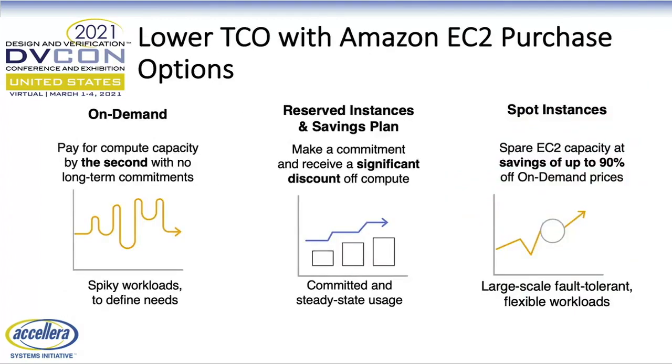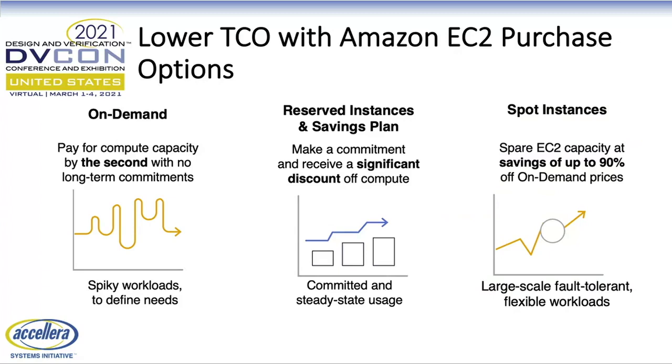I touched upon the different EC2 purchase options earlier. So going from left to right, we start with the on-demand option. And essentially, this is the most flexible pricing option that's available.